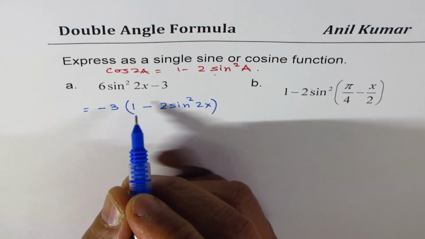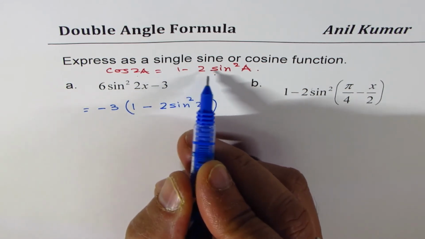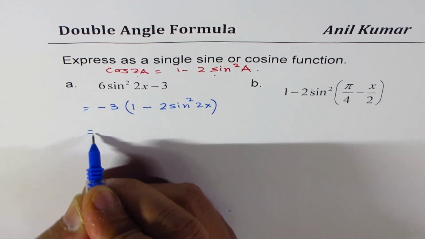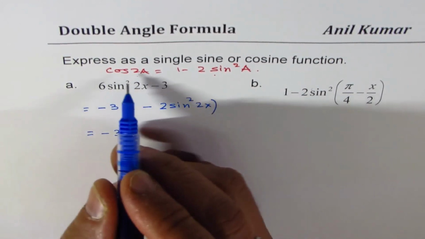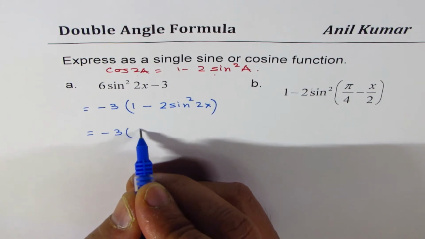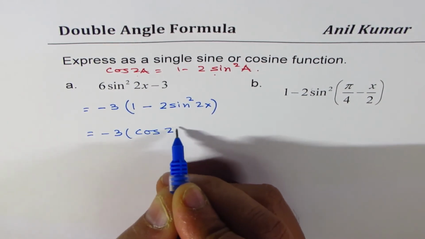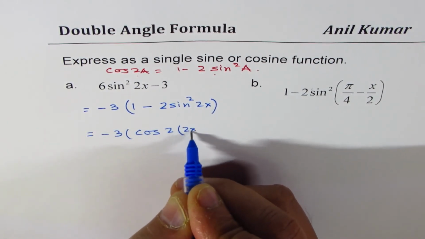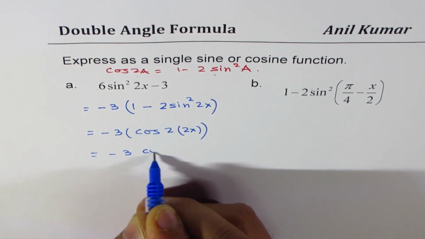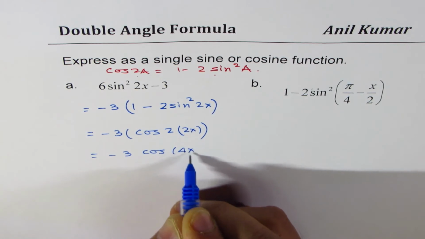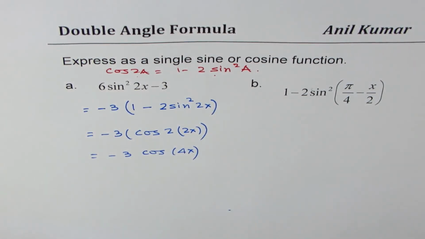I did so that I could write it in the form of 1 minus 2 sin square a. Now if you compare, 1 minus 2 sin square a is equal to cos 2a. That means cos of 2 times a, where a is 2x, and that could be written as minus 3 cos of 4x. Is it okay? So that is how you could do it.